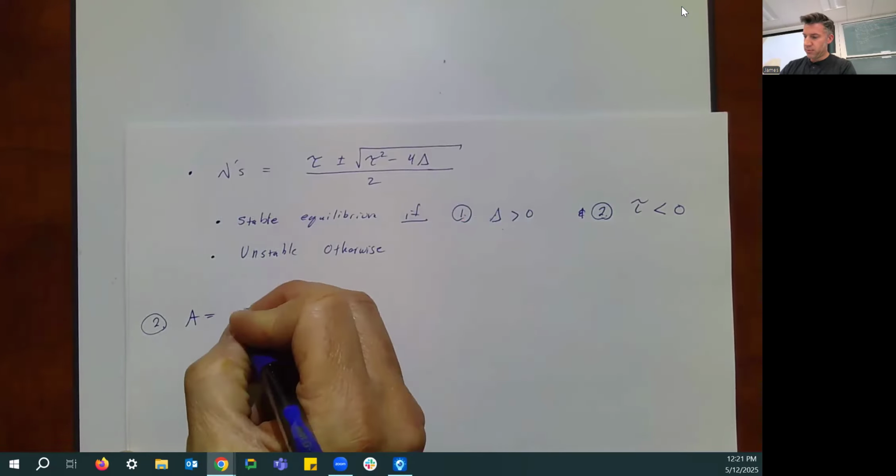Since our determinant is negative, we have a saddle. We have instability, an unstable equilibrium. Specifically, it's a saddle.